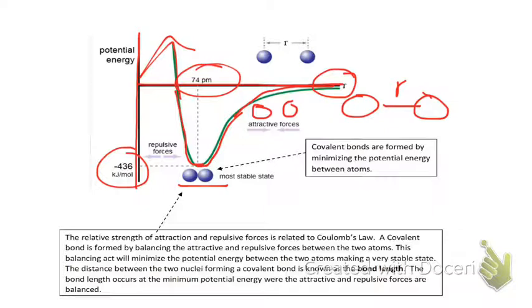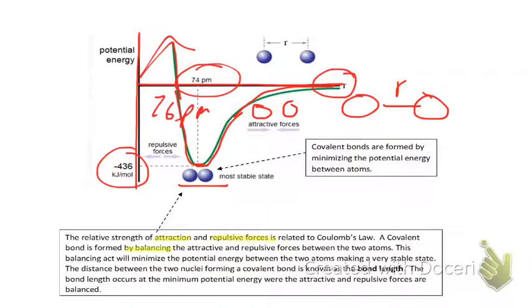But if that distance gets smaller, say it gets to 76 picometers, those two nuclei are way too close, and therefore the repulsion forces between the nuclei increase so dramatically that the potential energy goes way up and the covalent bond becomes unstable. So bottom line, the perfect covalent bond is stabilized when the attraction and repulsion forces are perfectly balanced between them.